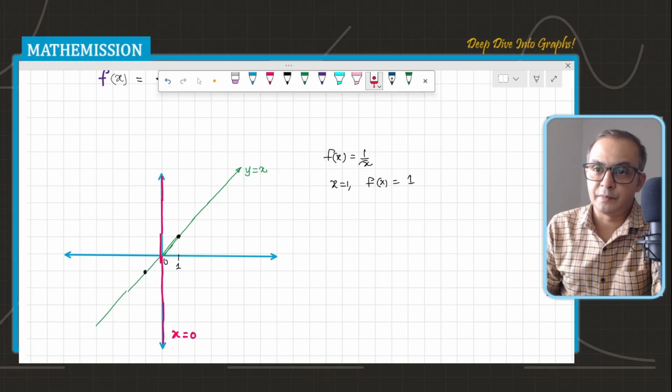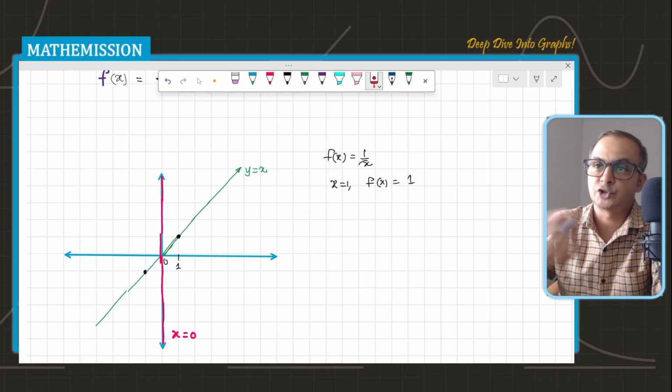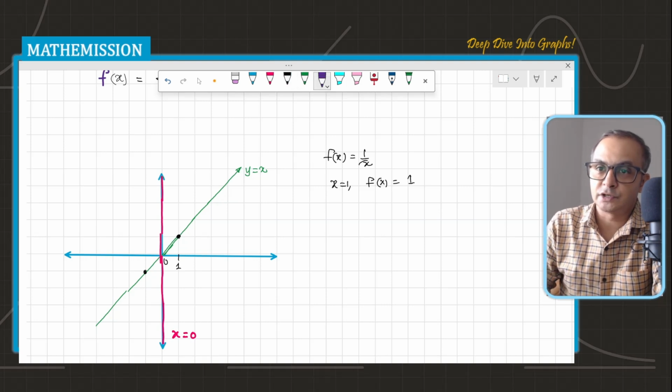It means between this interval 0 to 1, the graph of the function should be above 1. At 0, it is infinitely high, so it should start decreasing, but remaining above the y = 1 line.